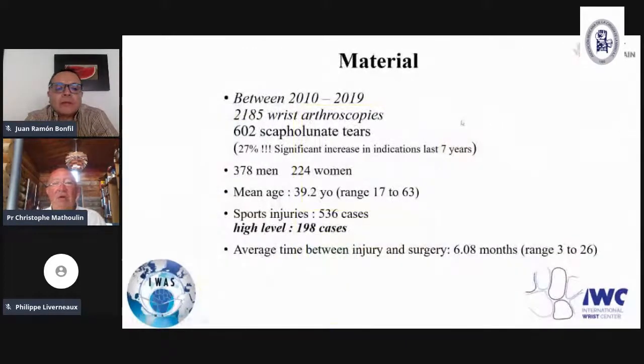So you see my series between 1999 and 2008, excuse me. I performed more than 2,000 wrist arthroscopies, 600 are scapholunate tears. There is a significant increase in indication in the last 7 years. The majority are men, young, with sport injury.